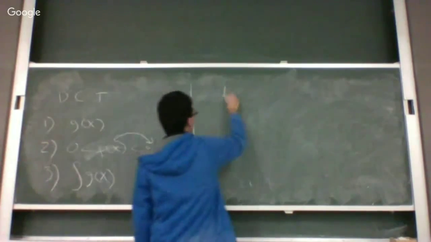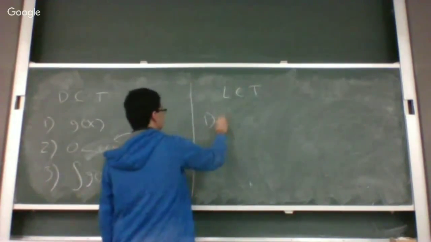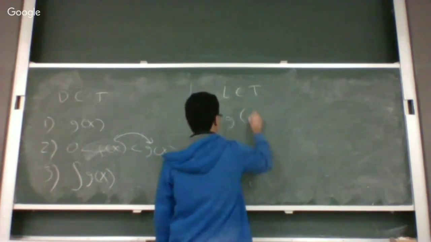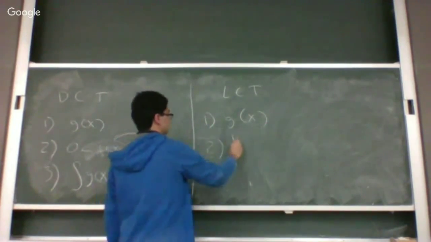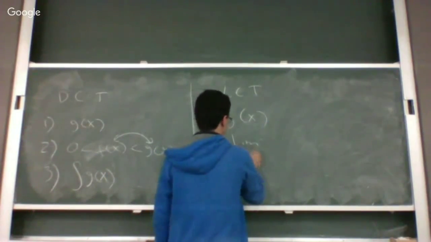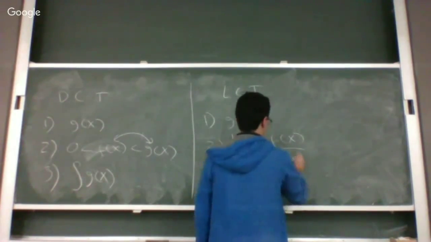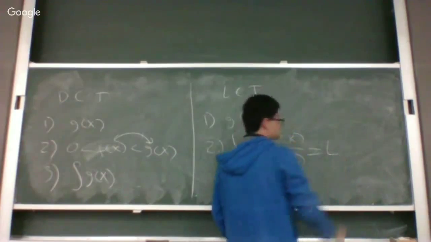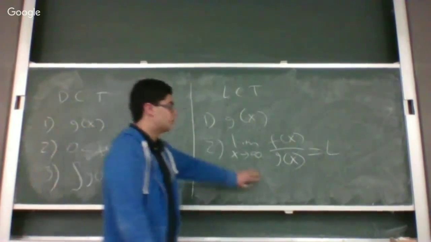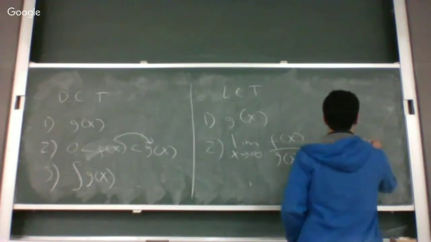The limit comparison test. The first step is finding g of x. The second step, I would say, is doing the limit as x approaches infinity of f of x over g of x, and whether that equals a number. If it equals a number, we know it's the same rate.